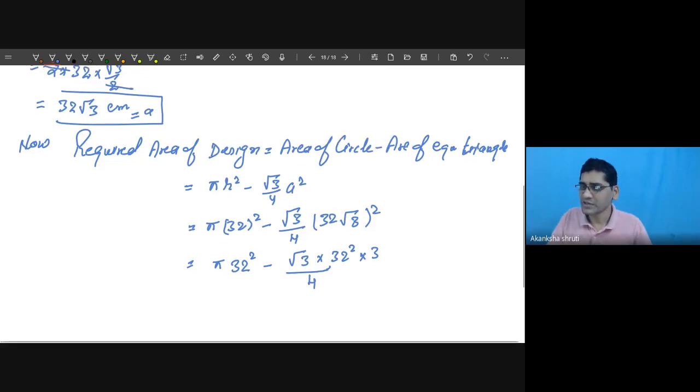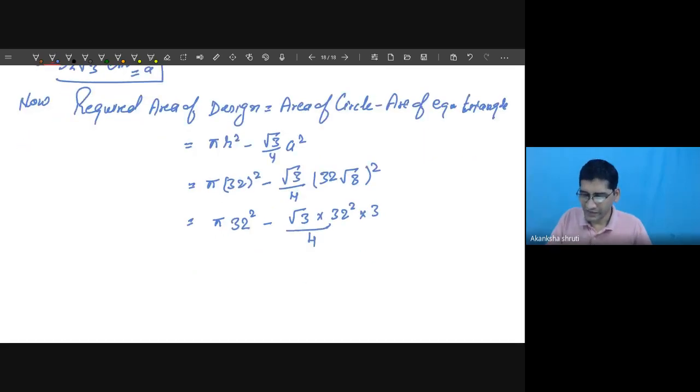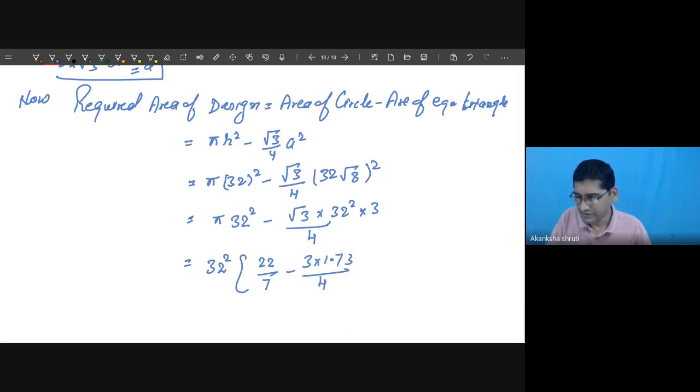You have to just simplify this. Either you can simplify by taking the 32 outside, or whichever way you want. Let me take 32 square outside, then simplify. Observe this. Pi, I can take as 22 by 7, or in decimal form we may take this as 3.14, minus 3 root 3, into 1.73, let me take, divided by 4.